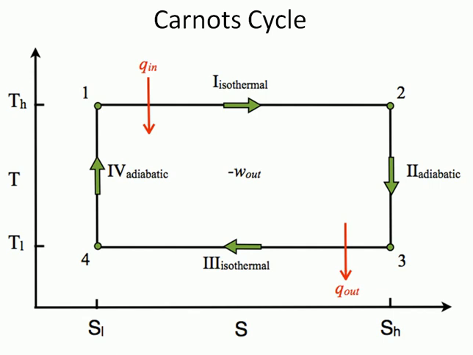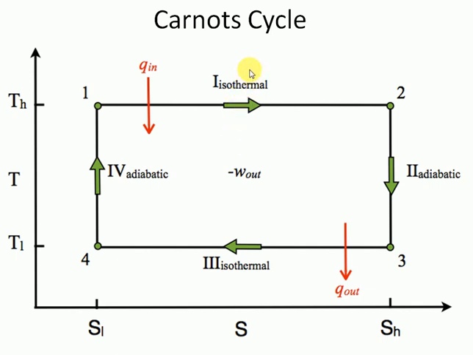Process 1 to 2 is an isothermal process. That means temperature remains constant. And in this process, if you observe, the entropy increases from state 1 to state 2. So entropy increases and temperature remains constant.